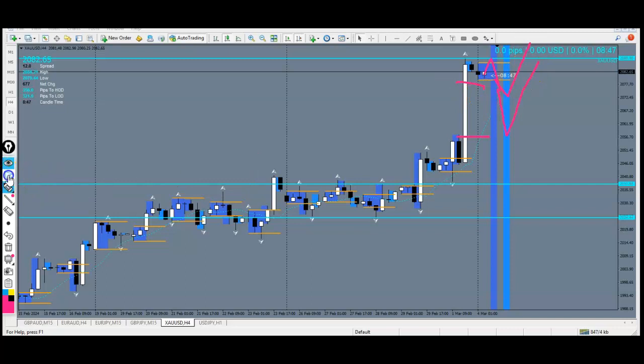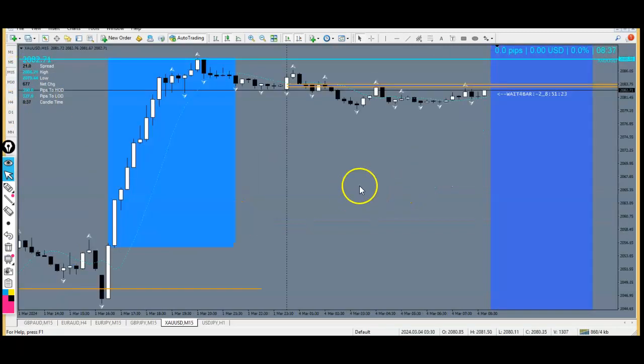At the moment there's no momentum in any particular direction. If we go to the 15 minutes time frame, you see it's just ranging between this level and this level here. There's no particular direction. Let's wait and see if we get a better direction on this.